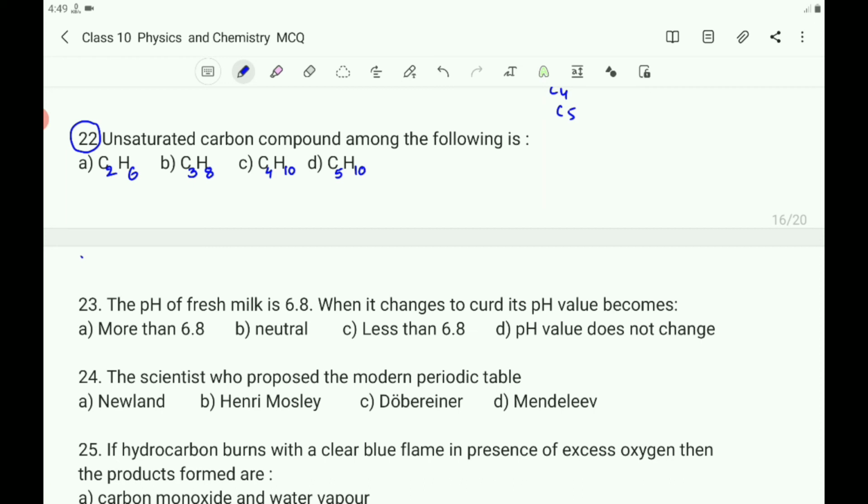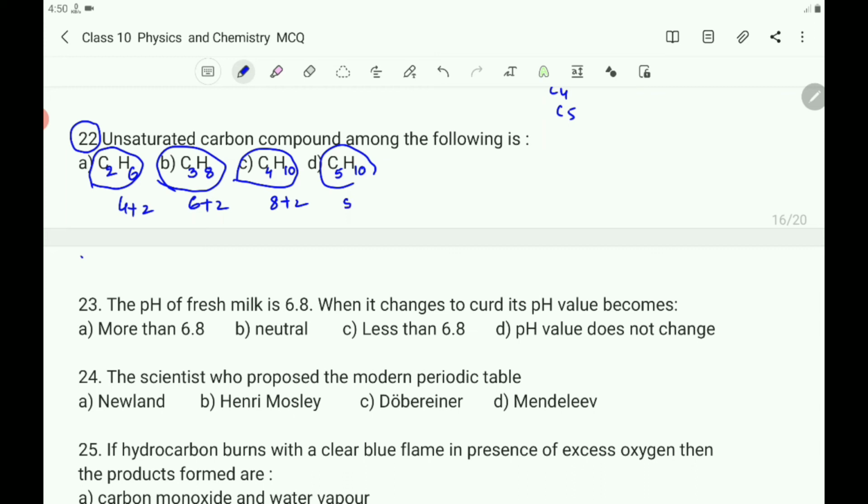carbon compounds. Here you know that C2H6 is ethane, C3H8 is propane, C4H10 is butane, and C5 is there and H10 is there. In all the cases, 2 2s are 4 plus 2, and 3 2s are 6 plus 2, 4 2s are 8 plus 2.